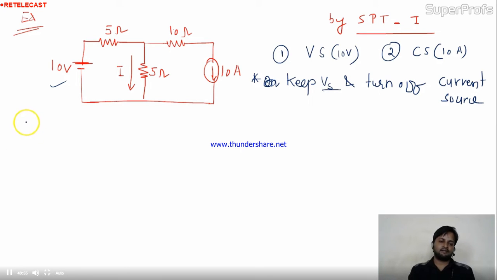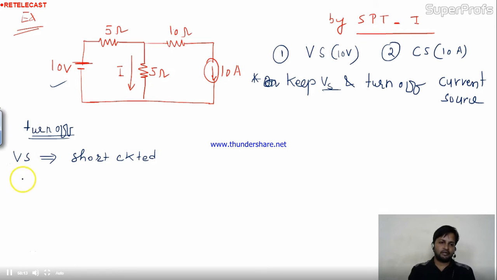Now here are the points for turning off the sources from the circuit. If you want to turn off the voltage source from the circuit, you will short circuit that particular branch. If you want to turn off current sources, you will make that branch open circuit.